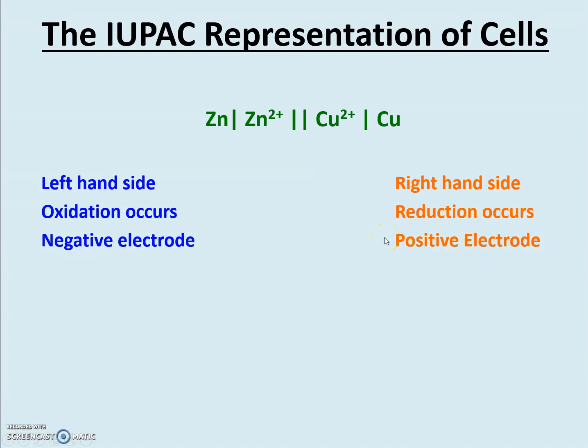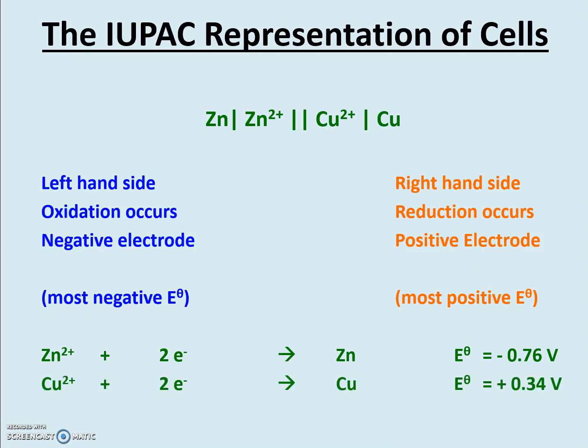Now, how do we assign which half cell will be the negative electrode, which half cell will be the positive electrode? We have to look at the electrode potential values, and the one which is most negative will become our negative electrode. The one which is the most positive becomes our positive electrode.